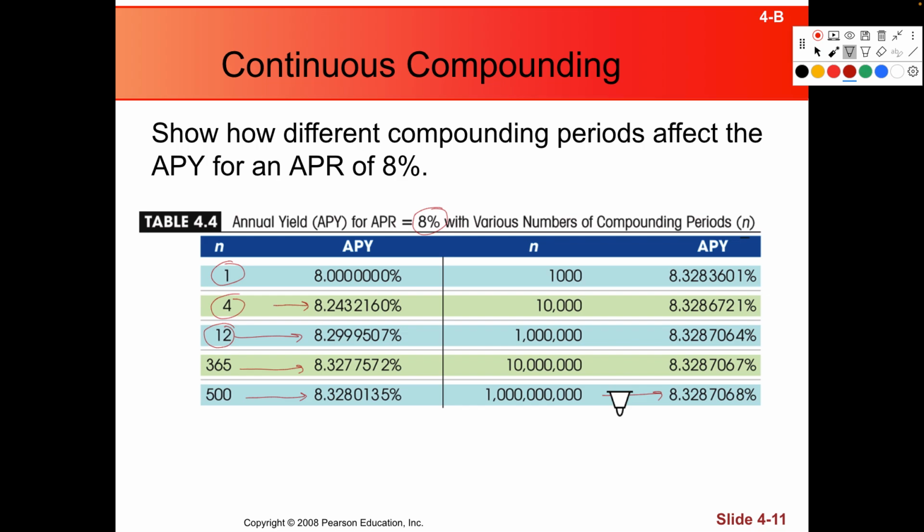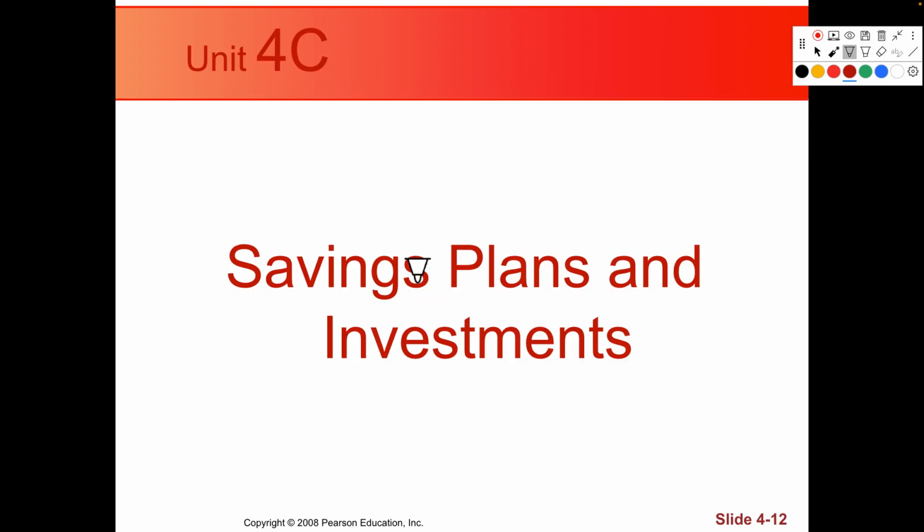It gets a little bit better, but not much. But going from once a year to monthly is a big step, right? That's a good chunk of interest, especially over time. So it shows you that compounding has power, but the more often you compound, it has a limiting value. It doesn't get too much bigger.